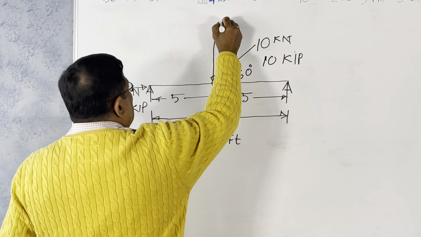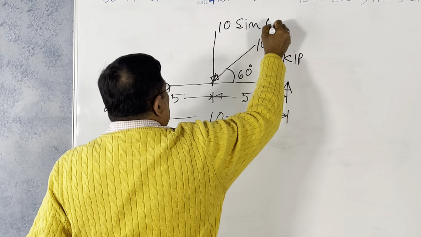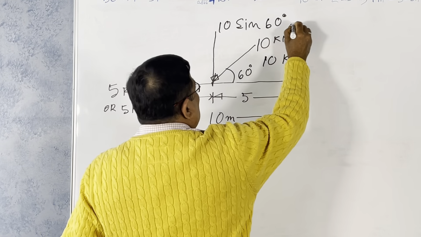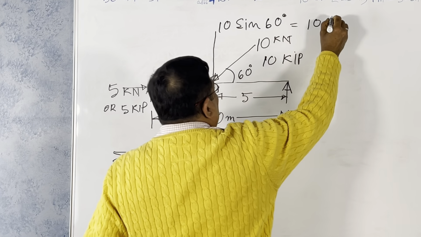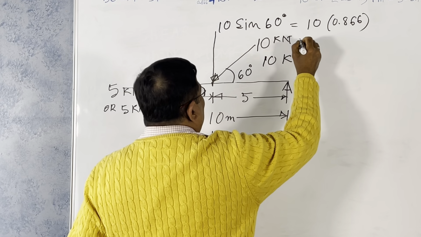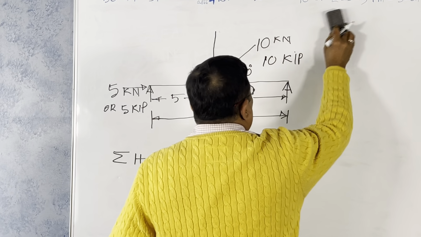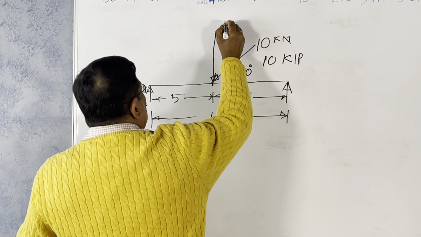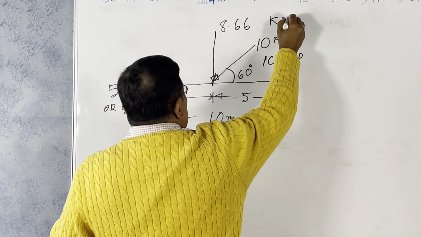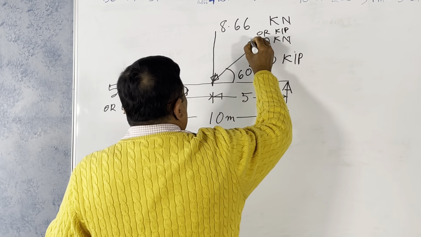This is 10 sine 60 degree. Sine 60 degree is 0.866, so this is 10 times 0.866, which is 8.66 kilonewton. You can consider it as kilonewton, or those who use the American system, it is kip.